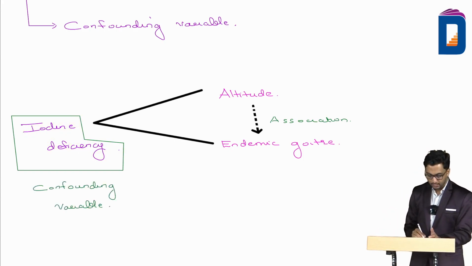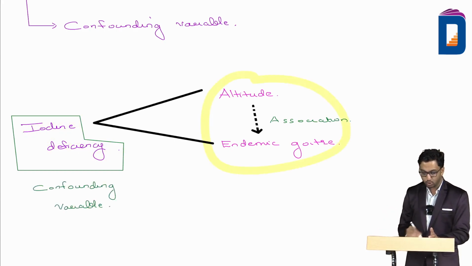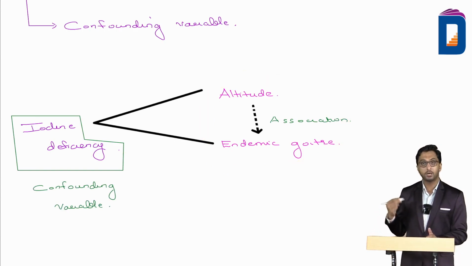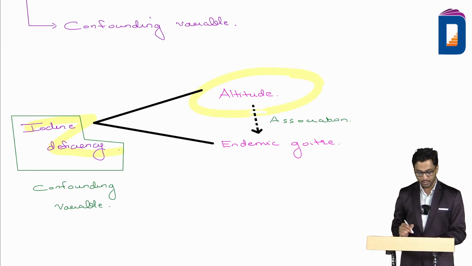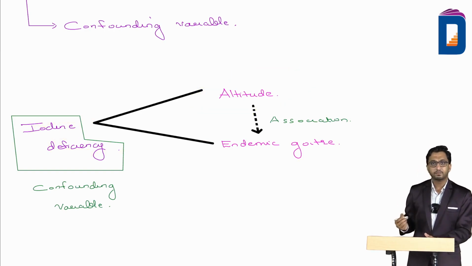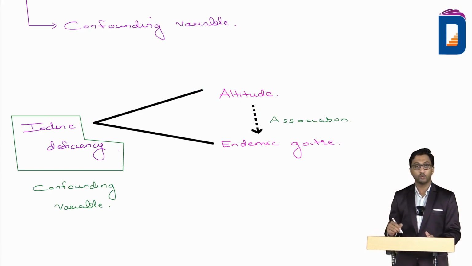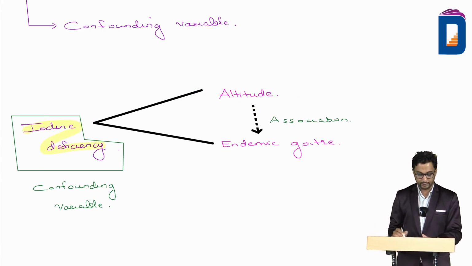What does it mean? It means the association between a cause or a characteristic and a disease is because of the presence of something else. So what actually is the cause here? It is not altitude, it is iodine deficiency. So altitude is just a characteristic. So that means the association between a characteristic and a disease is due to the presence of a third factor which is associated with both the characteristic and the disease.